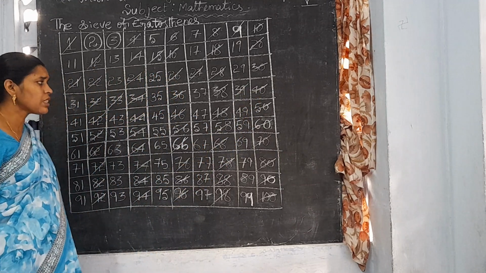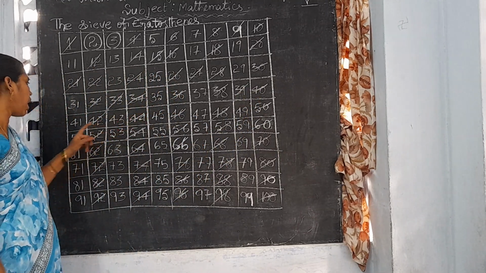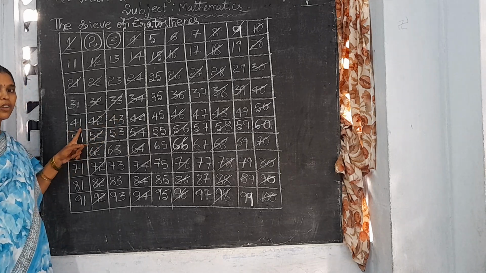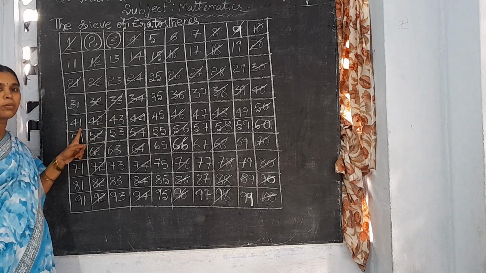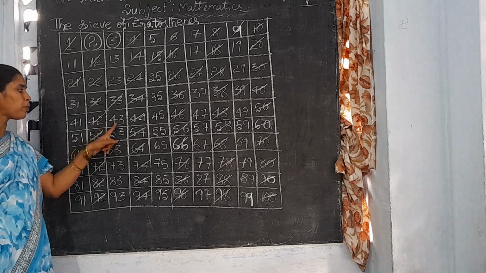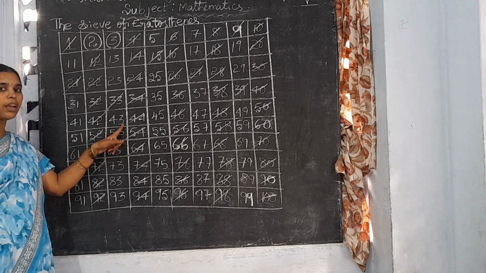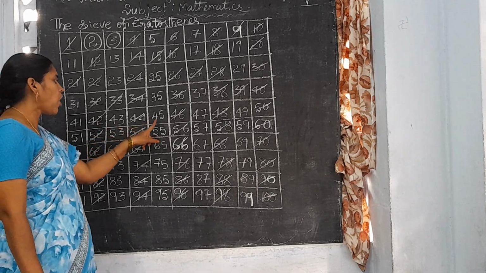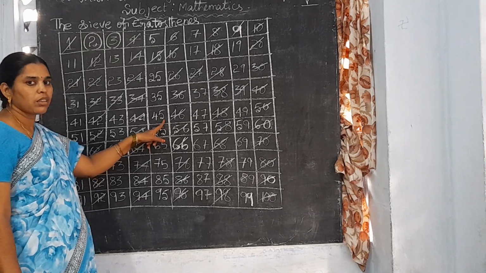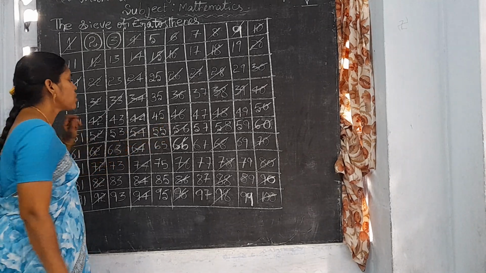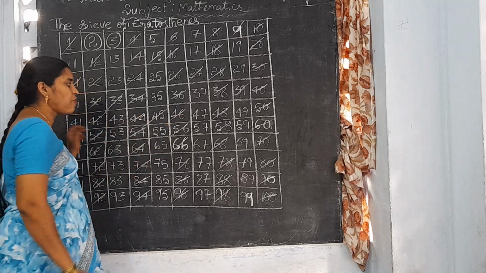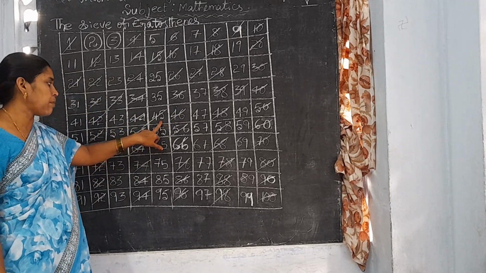Strike it off. Now 4 plus 1, 5. 5 is not divisible by 3. In the same way, 4 plus 3 is not divisible by 3. 4 plus 5, 9. 9 is divisible by 3. So for this number 3 is a factor. So it is a composite number.